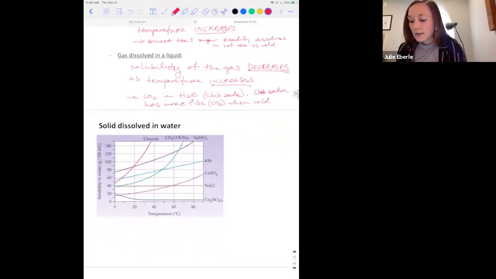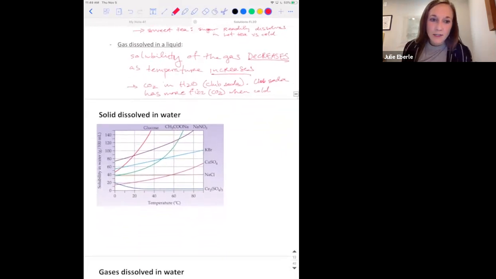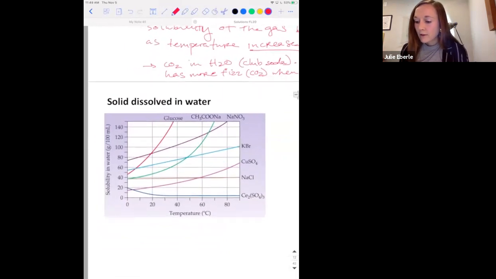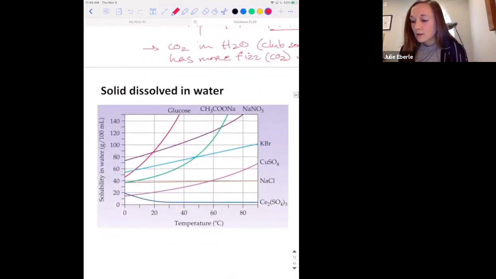And these next two slides are just graphical representations of exactly what we just said. So this first graph here is just if we had solids dissolved in water. So there's all kinds of solids here. Glucose, sodium nitrate, potassium bromide, copper sulfate, sodium chloride, salt.